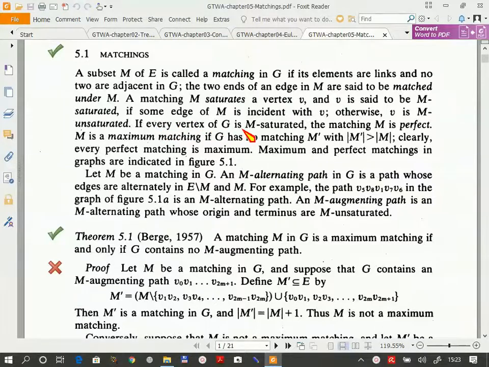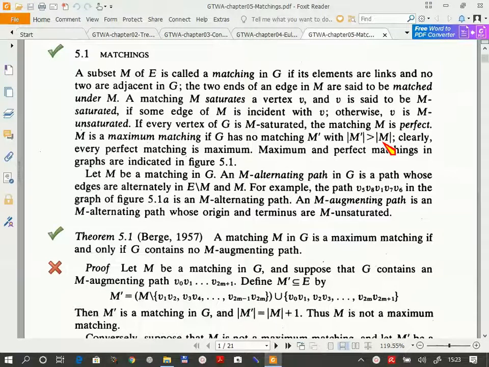If every vertex of G is M saturated, then the matching is said to be perfect, okay? M is a maximum matching if G has no matching M prime with cardinality of M prime greater than cardinality of M.